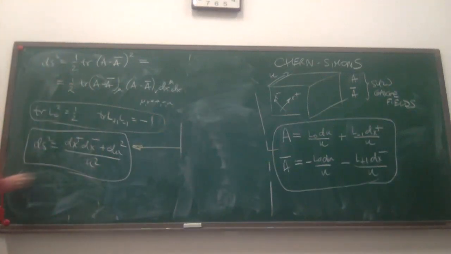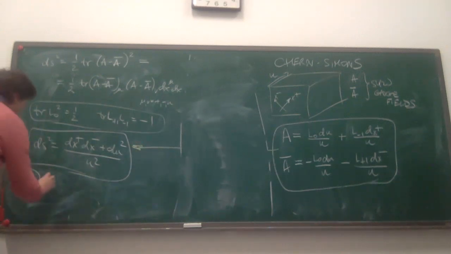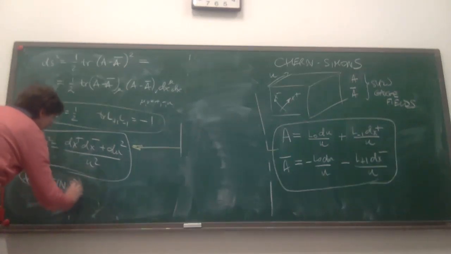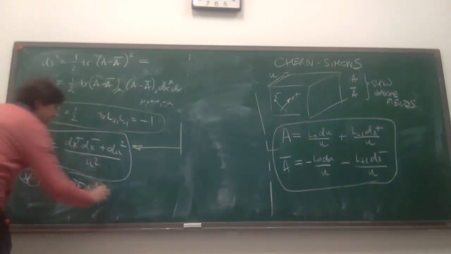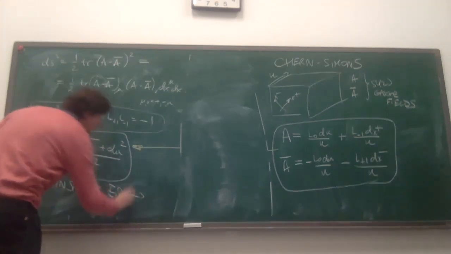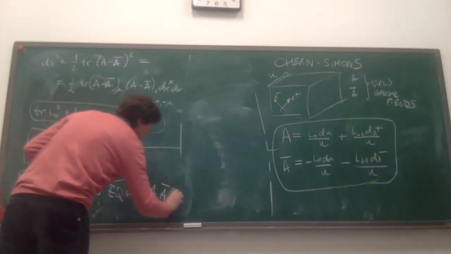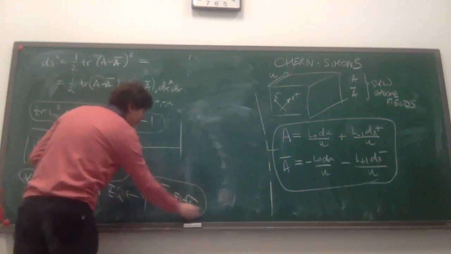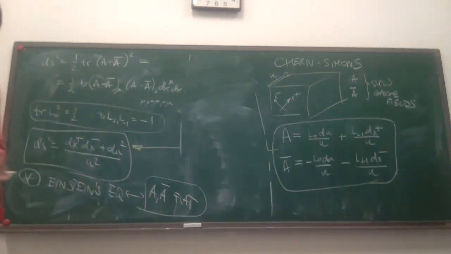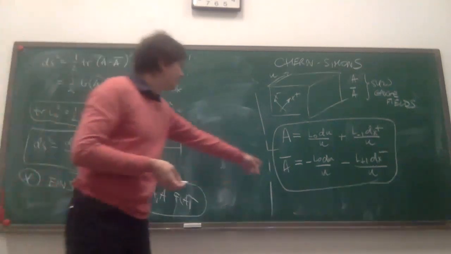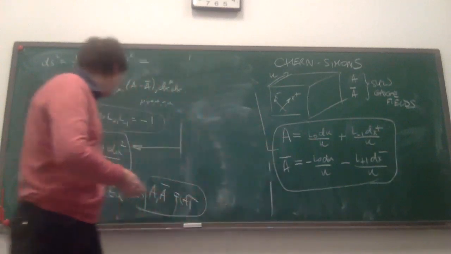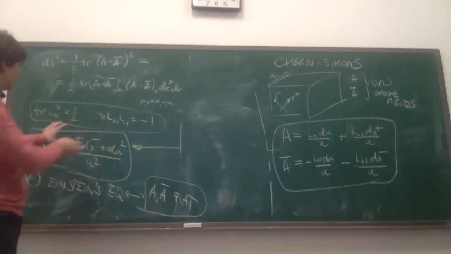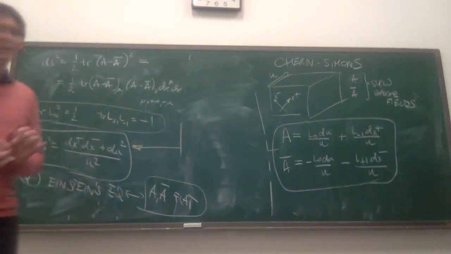No. So here is a point of key importance, which is that Einstein's equations are equivalent to A and A bar being flat. Is that clear? If I choose A and A bar so that it's flat, then the resulting metric here will obey Einstein's equations.